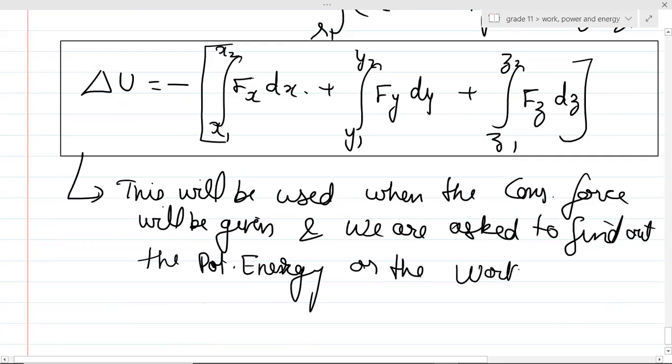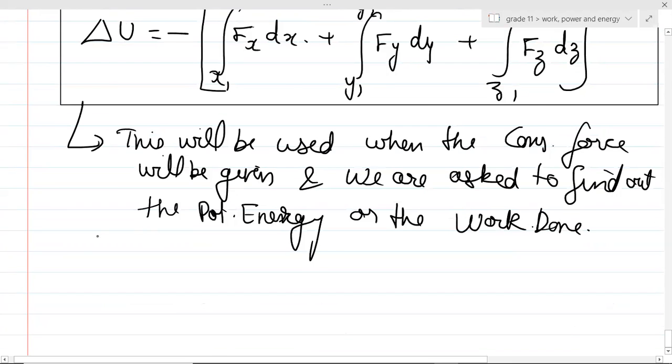Whenever we are asked to find these two things from the force, we'll be using this. We'll be integrating that force with respect to the variable.